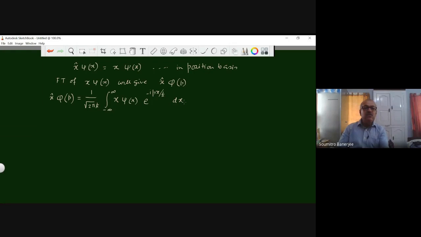And then we need to calculate this. In order to calculate this, I'll keep this one up front and multiply here. So I'll take psi(x) up front, and I'll put this one in bracket, x e to the power minus i p x by h cross, dx. Now it is easy to see what this bracketed quantity is.